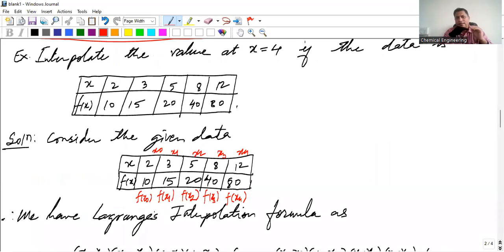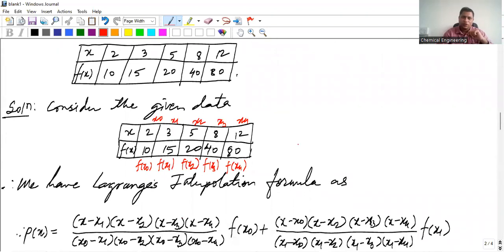As x is increasing, f is increasing. So if the values are increasing, then the value at 4, by mean value theorem, must lie between 15 and 20. And we got the value to be 17.52. So that polynomial is good for the interpolation. Okay, so that's what we have.